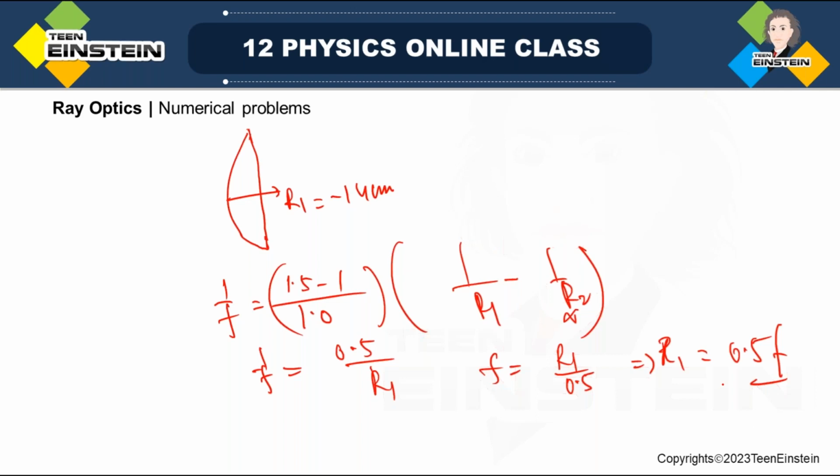So from here F1 will be obtained. R1 is 50, anyway. It will be around 28.